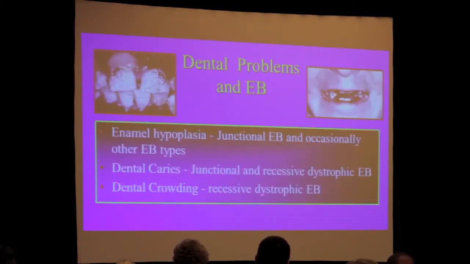Dental problems will again vary between the different types. The main things that you'll see are enamel defects, enamel hypoplasia, which is a deficiency in the amount of enamel. They can be generalized thin enamel or pitted enamel like this. That's typical of junctional EB. In fact, 100% of all the people we've ever looked at with junctional EB had enamel hypoplasia of one type or another.